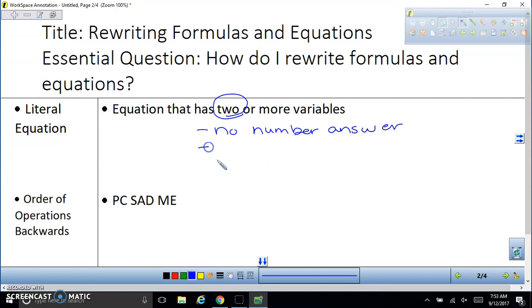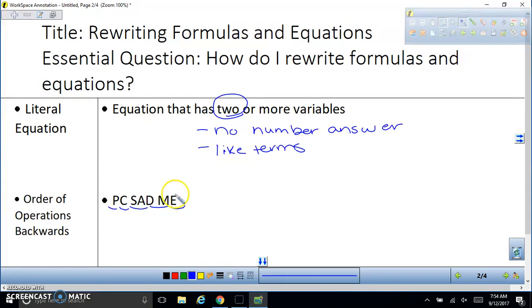Make sure you're paying attention to like terms. Pay attention to like and unlike terms. Alright, those are your tips for today. The way that you solve them is still using: get rid of the parentheses, combine the like terms, undo subtraction or addition, division, multiplication, and last but not least, exponents that we haven't got to yet.